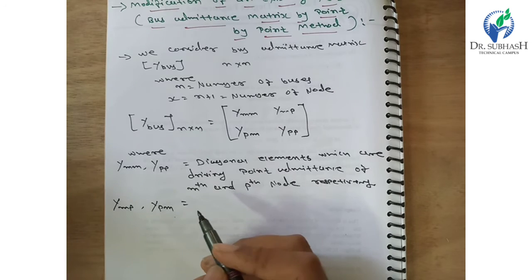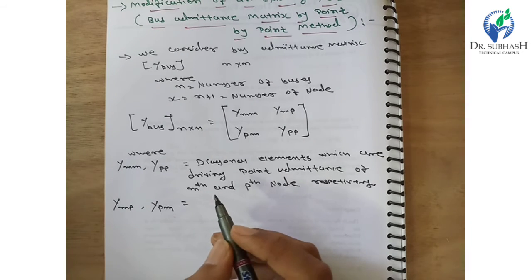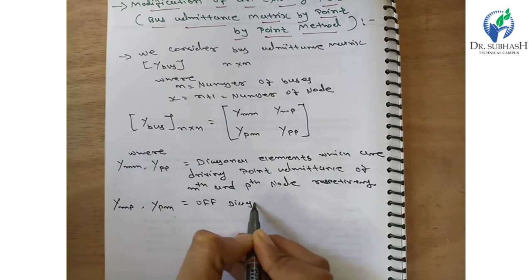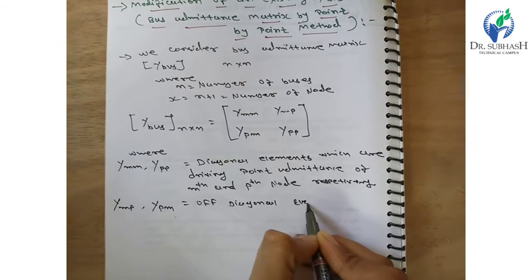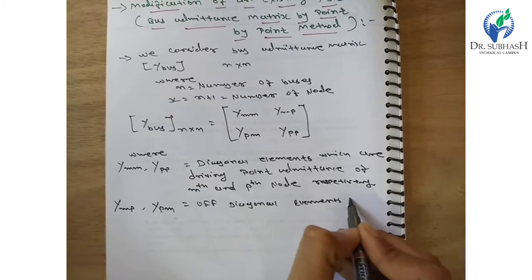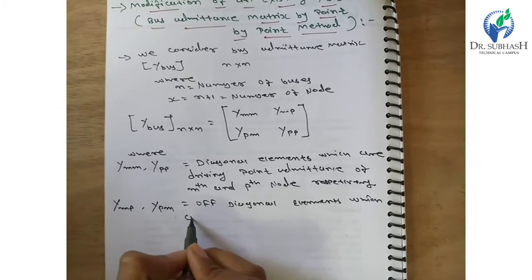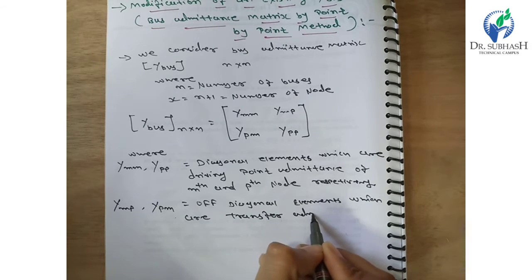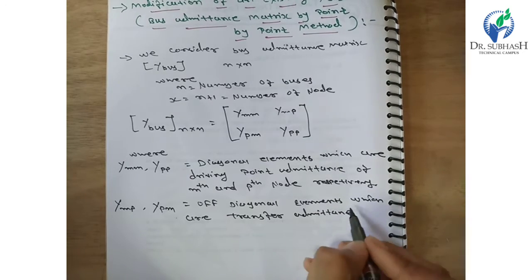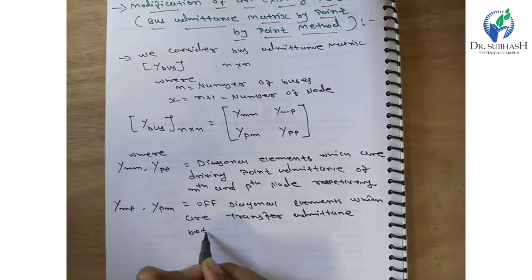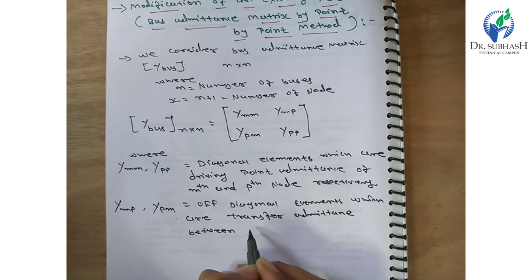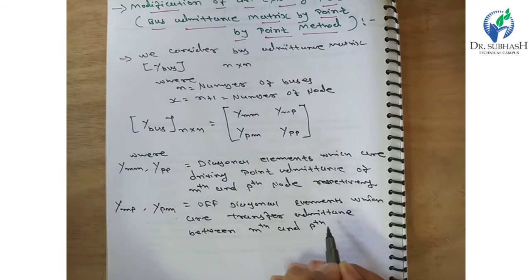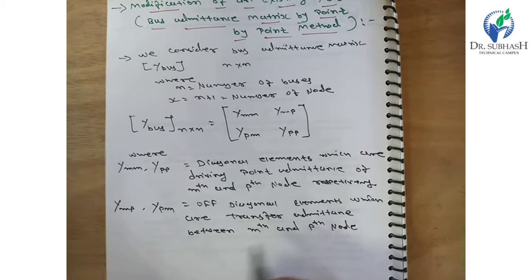So in the mutual admittance form we write the off diagonal elements, which are the transfer admittance between the mth and pth node respectively.